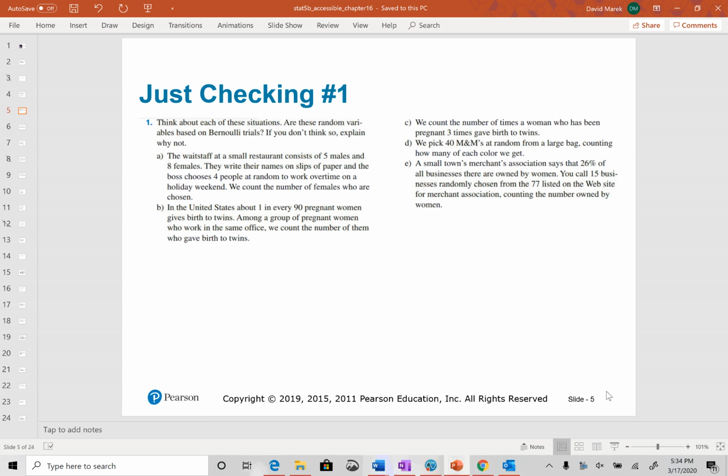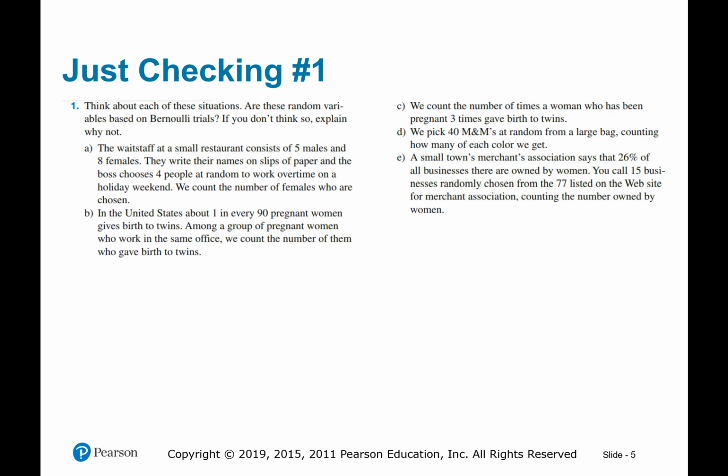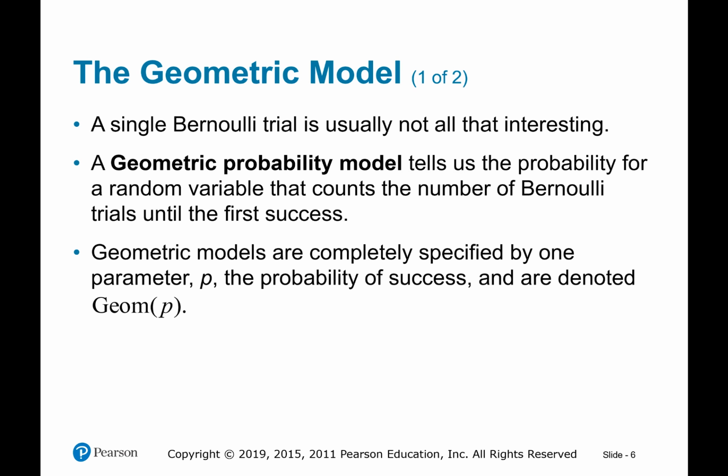Now, there's not going to be anything specifically on the AP exam asking about Bernoulli trials, but this is the basis going forward of these 2 major models that we're going to talk about here in Chapter 16. The first is the geometric model.